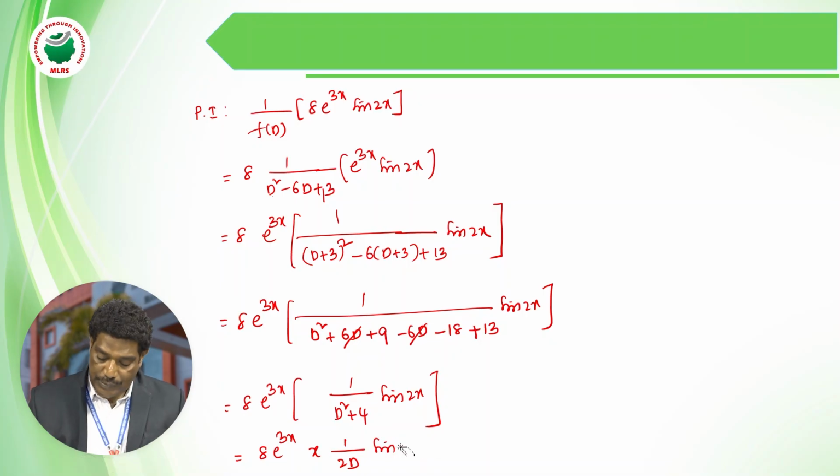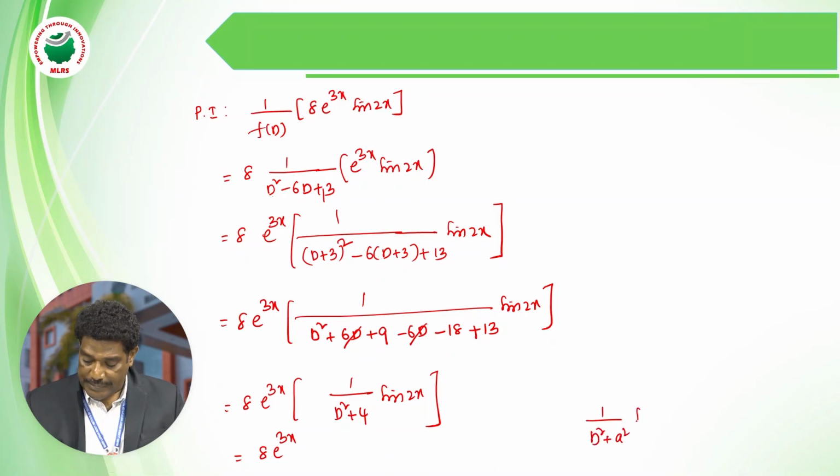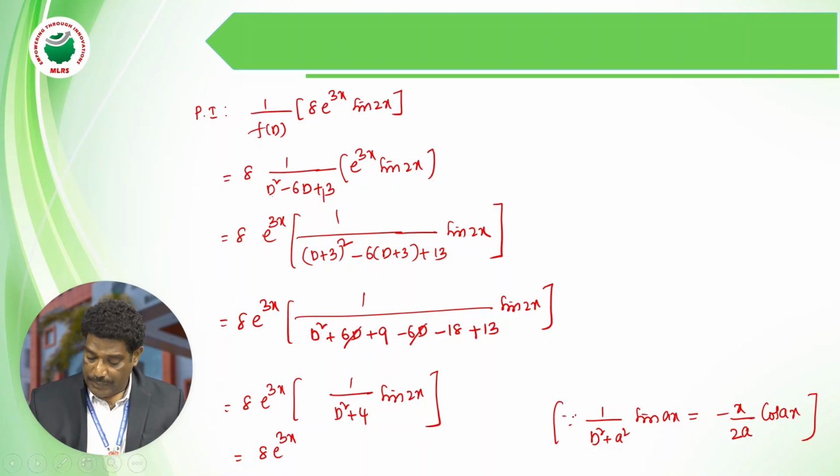Or else you may use the formula 1 by D square plus a square into sin ax, which directly gives minus x by 2a into cos ax.